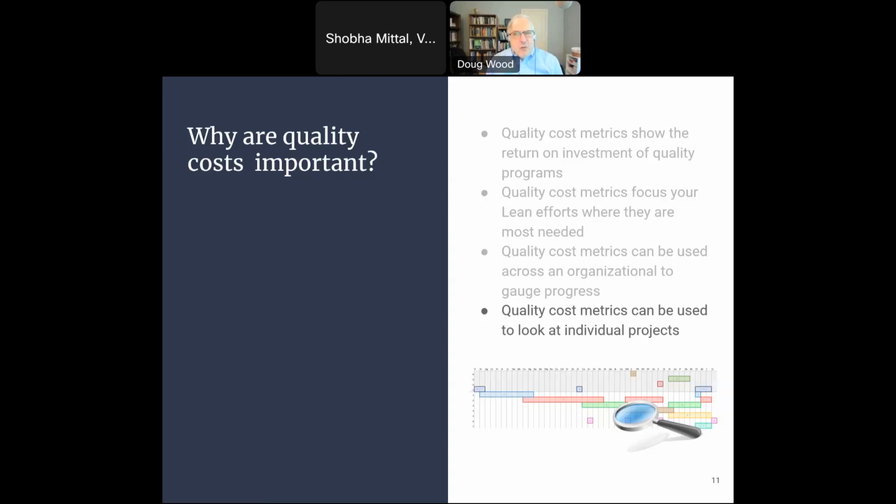Well, that's not going to work for an individual project, because projects, first of all, don't align with the cost accounting categories. Okay? And also, a project has a beginning, a middle, and an end. And accounting just goes on forever. So quality cost metrics can be adapted to use for individual projects.